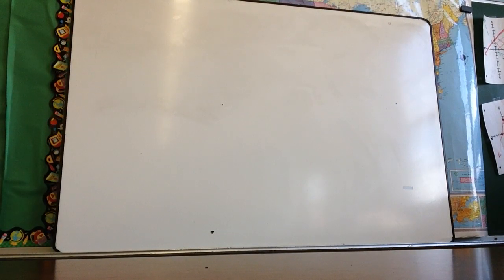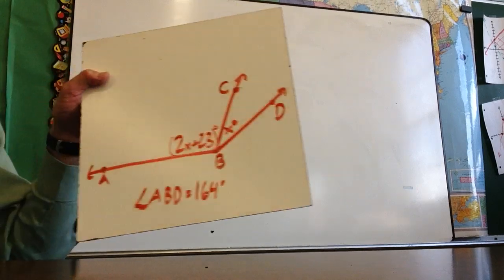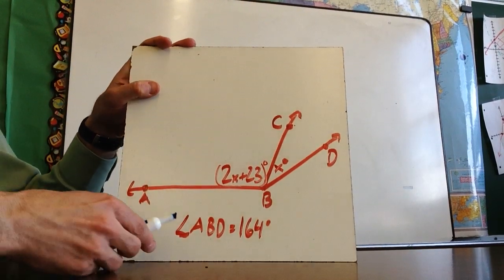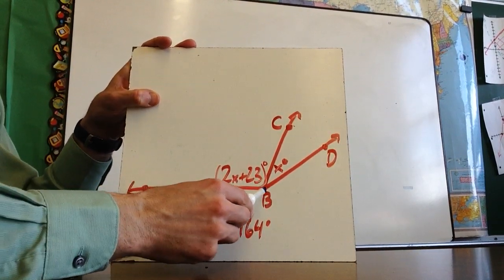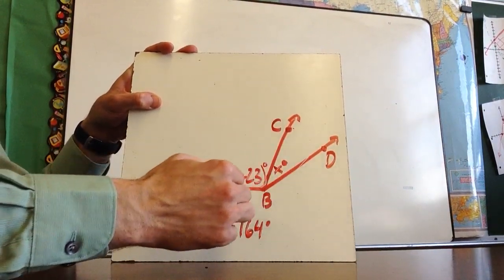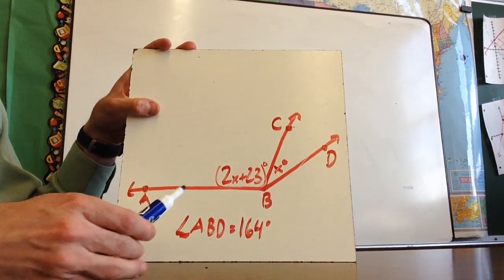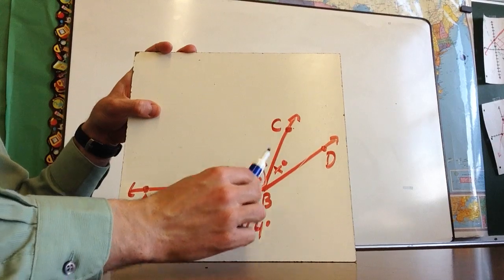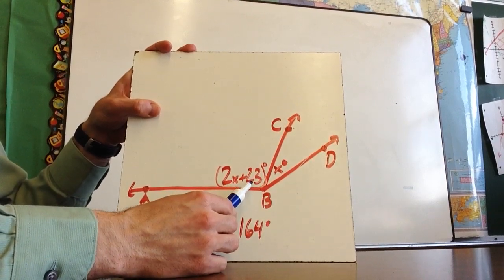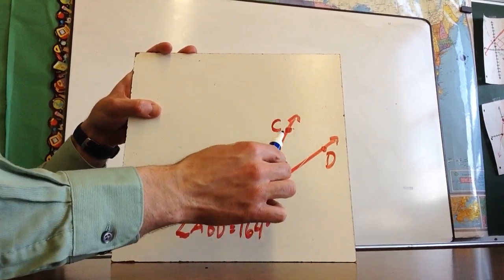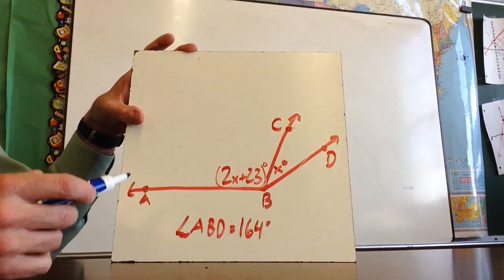The last thing I want to talk about is doing some algebra to solve a problem. Angle ABD, this whole thing, equals 164 degrees. I know that this part, ABC, is 2x plus 23 degrees, and I know that CBD is x degrees.